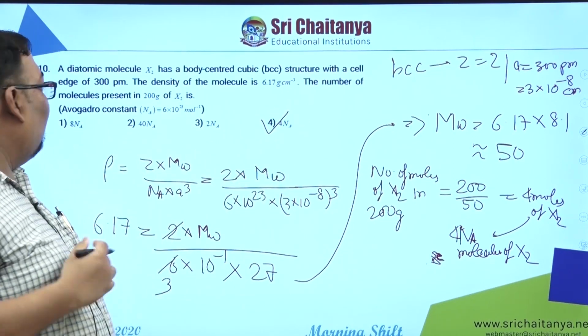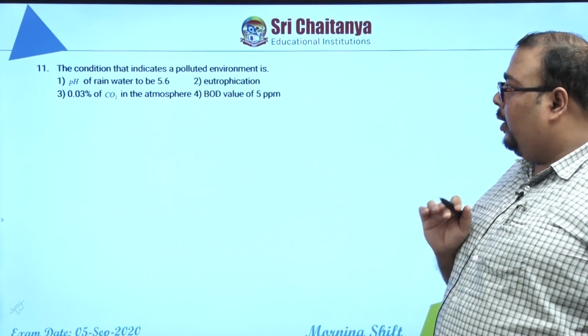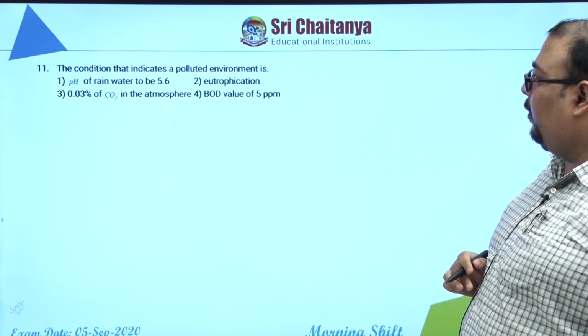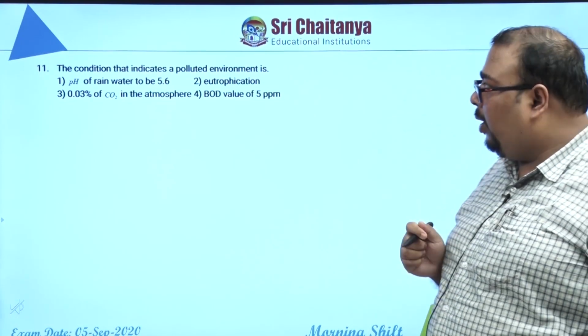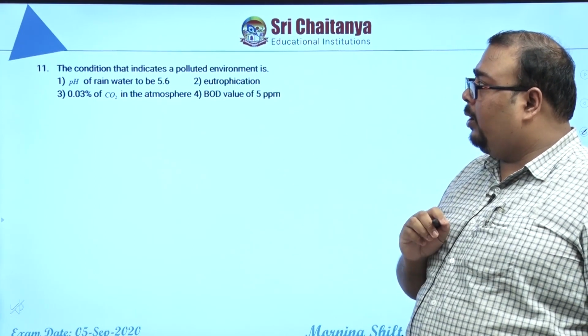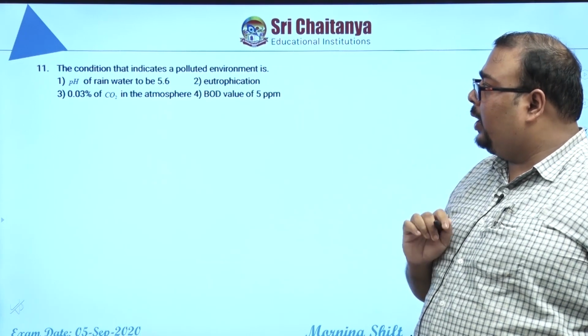Okay. Next, we are going to question number 11. Question number 11 says that the condition that indicates a polluted environment is, there are 4 options given for this question. Option 1 is the pH of rainwater to be 5.6. Second, eutrophication.